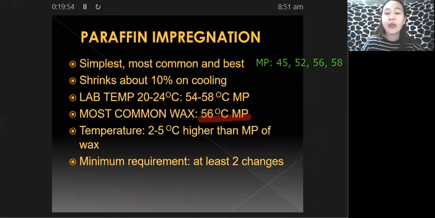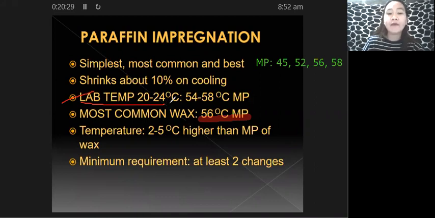The paraffin wax to be utilized is dependent upon several factors. We have to consider several factors in choosing the appropriate paraffin wax to be used in the laboratory. One of the considerations is the temperature of your laboratory.